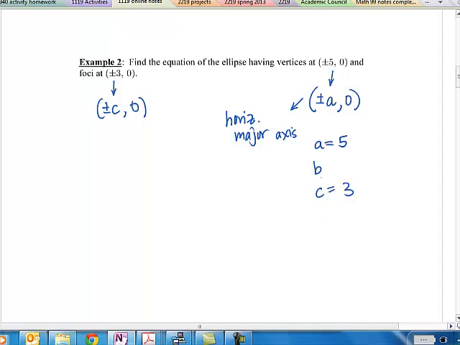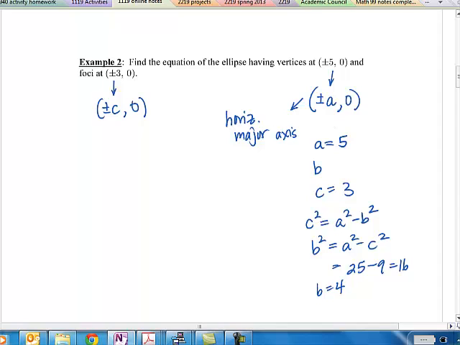Right? To get b, we can use that c squared is a squared minus b squared. If we rearrange and solve for b, we have b squared is a squared minus c squared, which in this case is 25 minus 9, or 16. So b is 4.